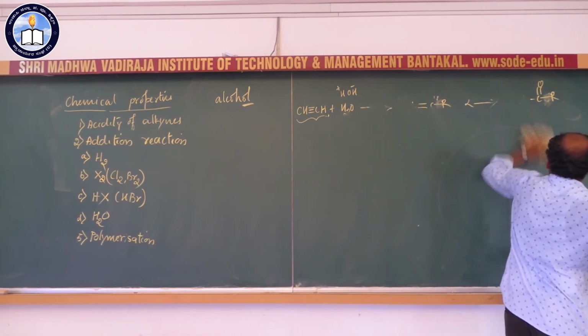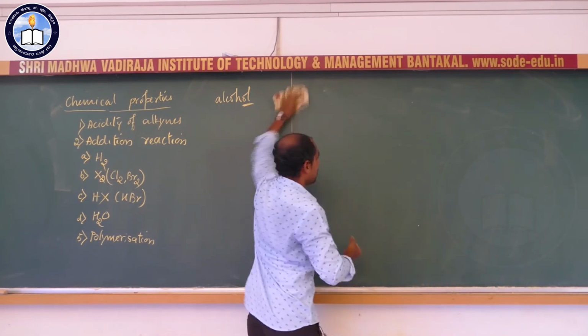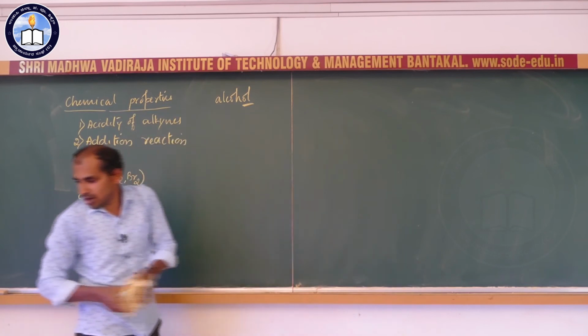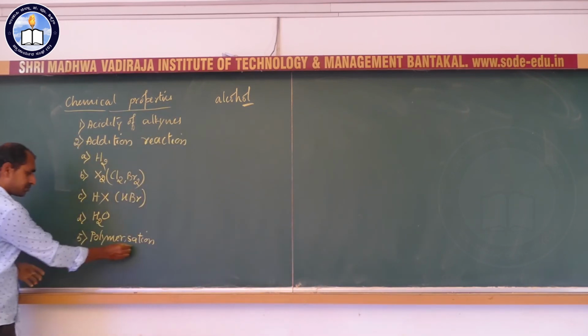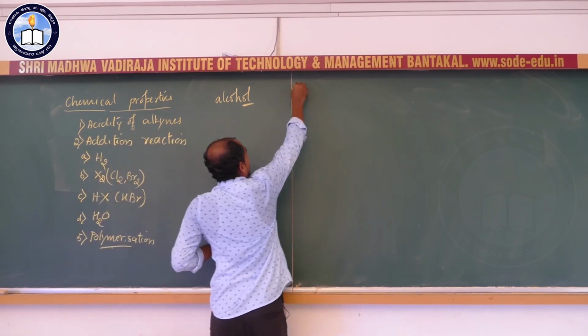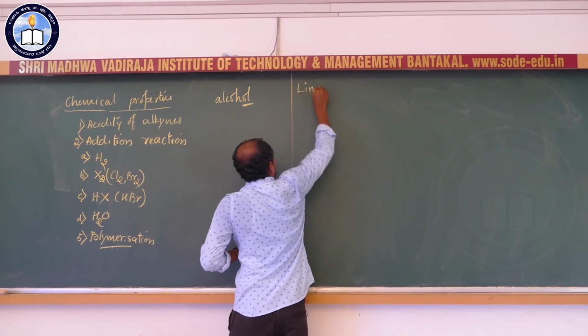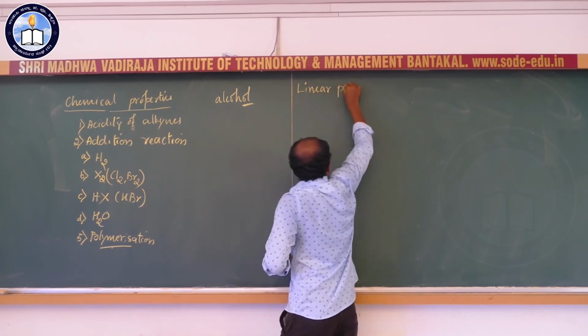Now, we shall discuss the last reaction of alkynes, that is polymerization reaction. Alkynes undergo two types of polymerization. One is linear polymerization.